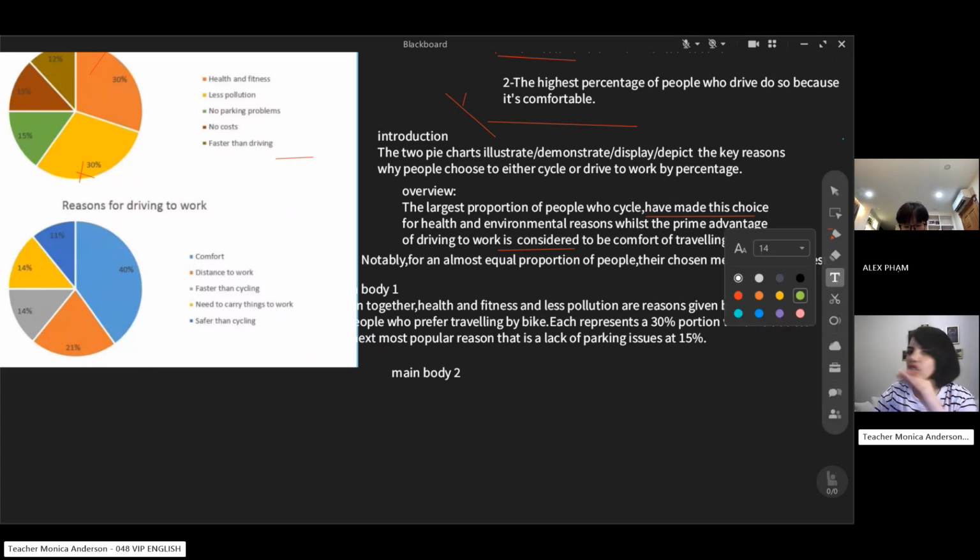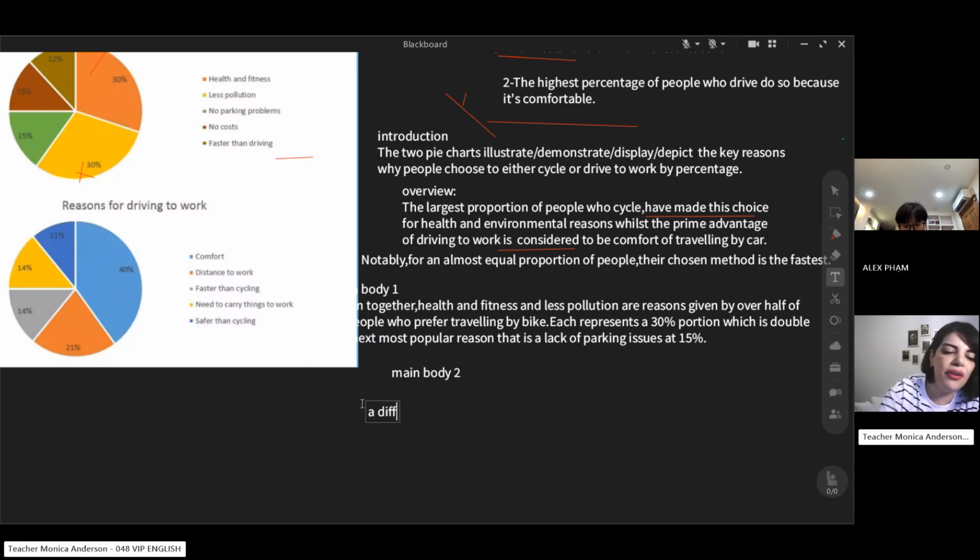So I can say, and this is only an example, you can change it, a different set of concerns.